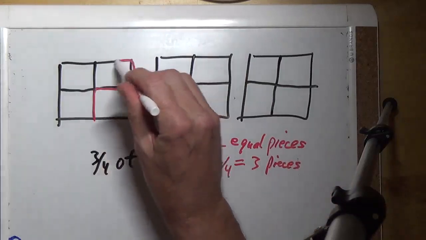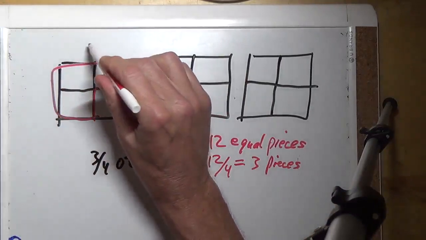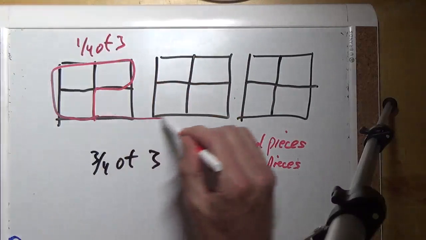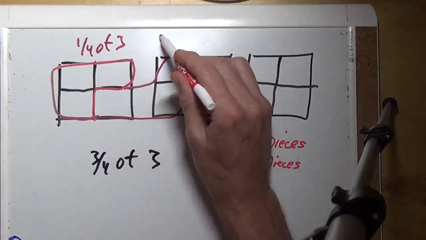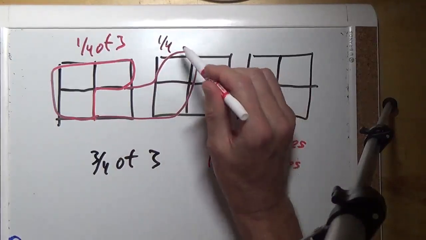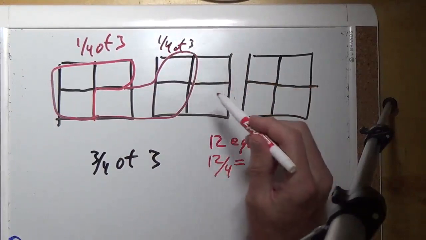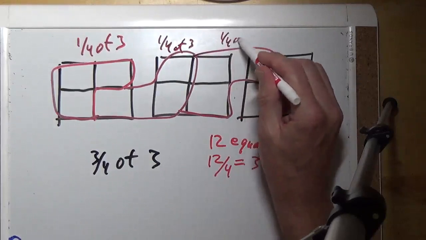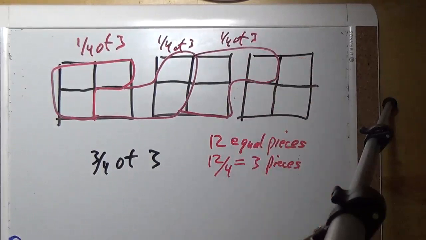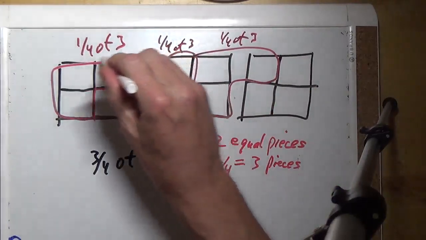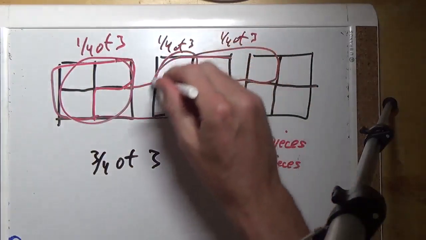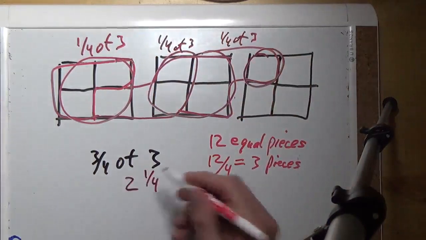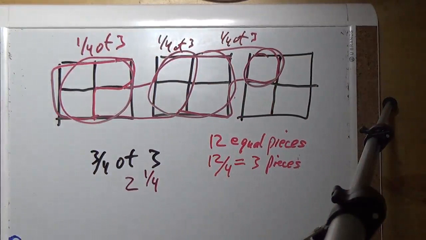So right here, that's 1/4 of 3. I can do this. That's 1/4 of 3. And I can do this once more. That's another 1/4 of 3. And if you look at this, I've got 1 whole, 2 wholes, and 1 more quarter, which again is 2 1/4.